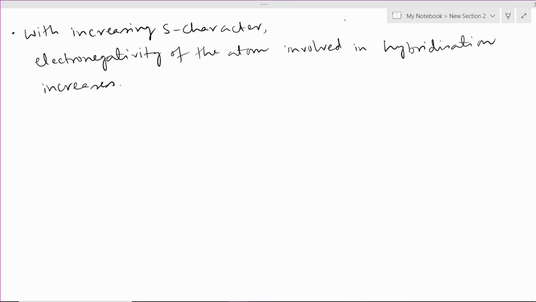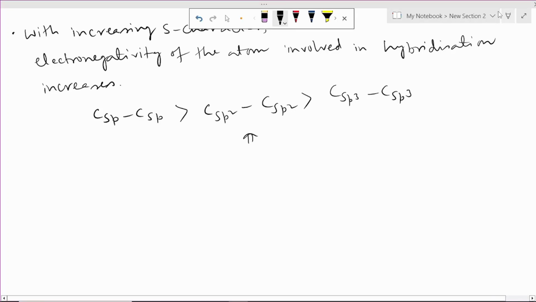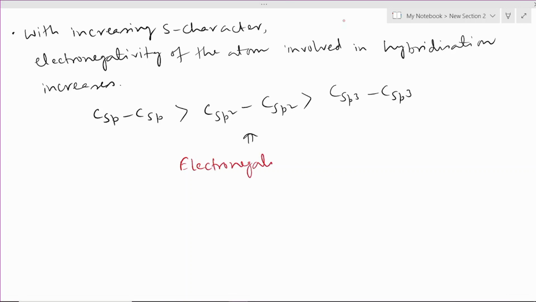That is, the electronegativity order will be Csp greater than Csp2, greater than Csp3. This is the electronegativity order.